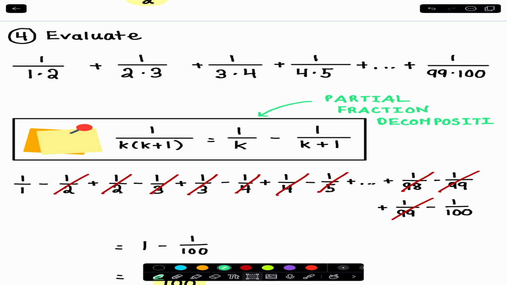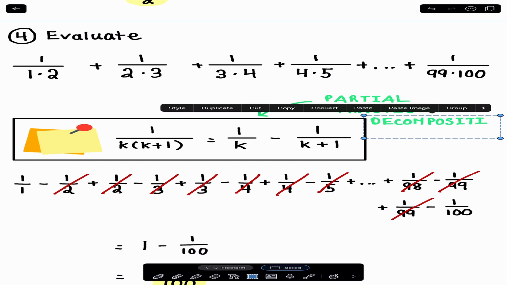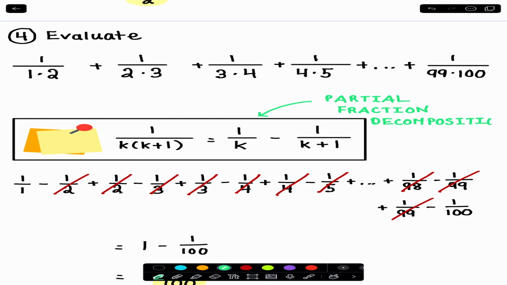Pretty fancy term. Okay, I think that's good.